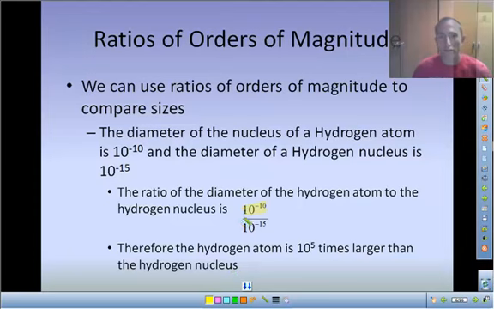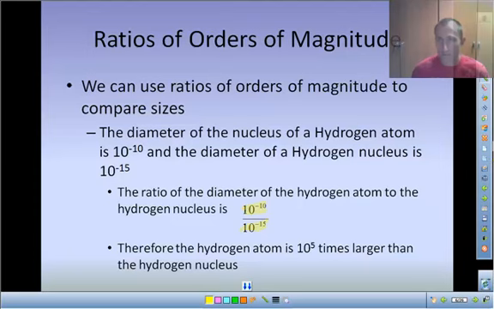The hydrogen nucleus, on the other hand, is on the order of 10 to the negative 15th. So again, it's just math. 10 to the negative 10 divided by 10 to the negative 15th is 10 to the 5th. And so what that tells us is that the hydrogen atom itself is 10 to the 5th times larger than just the nucleus.